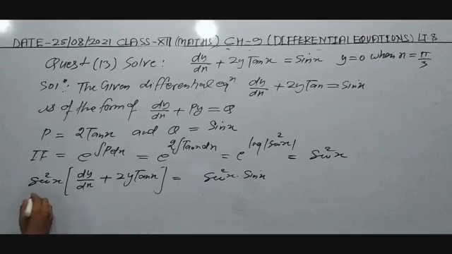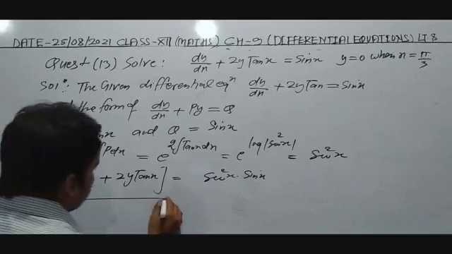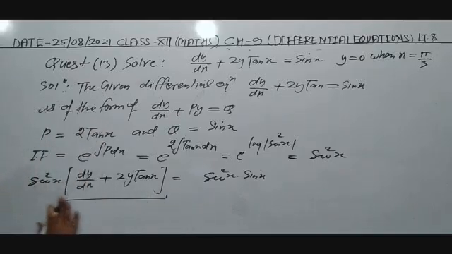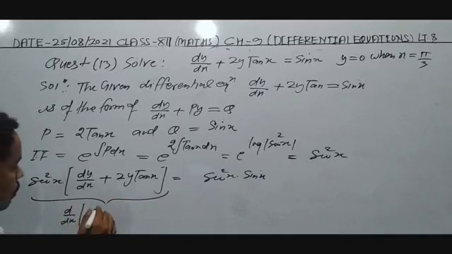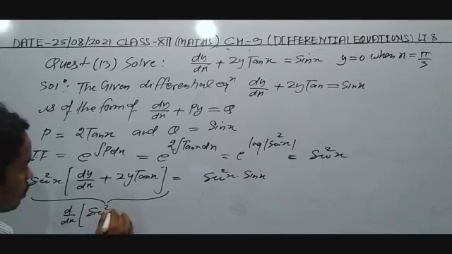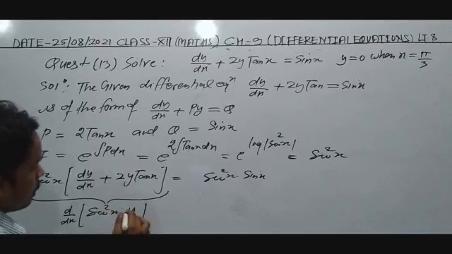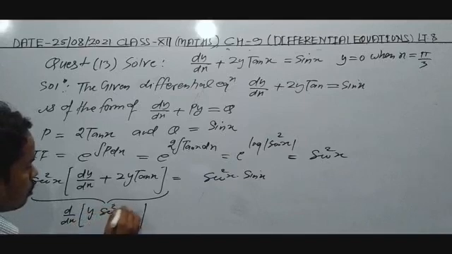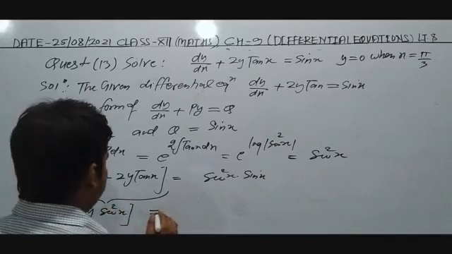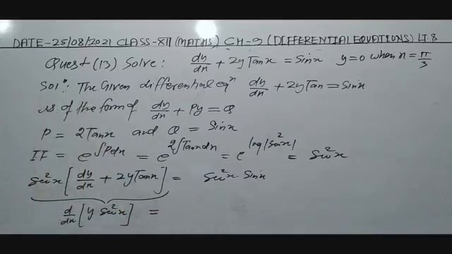Now you will see this whole term is the differentiation of d/dx of sec²x times y, or you can write y into sec²x, because when you differentiate it, you get the same result, 2 times sec x into tan x.